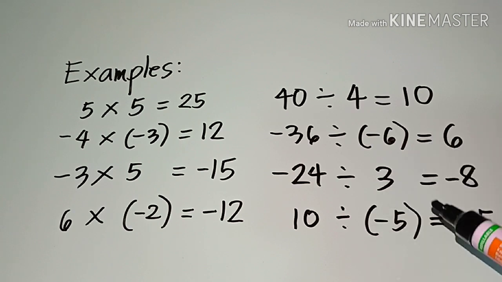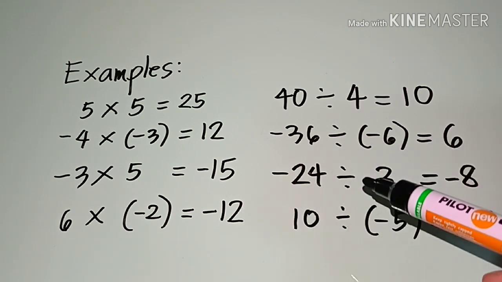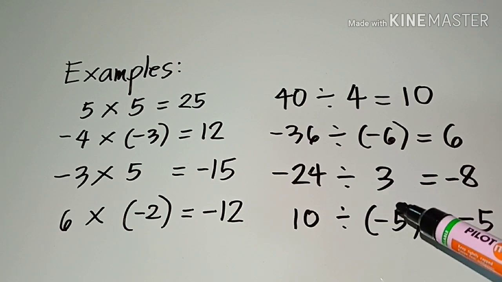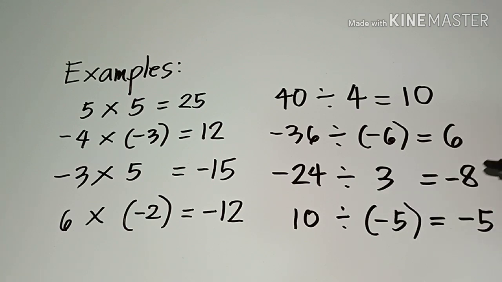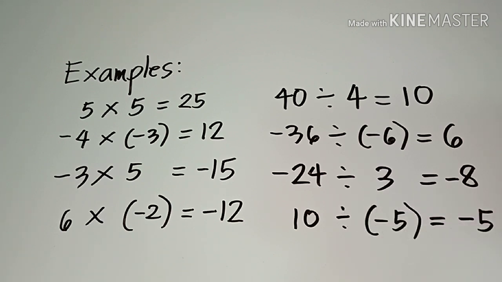So it applies for multiplication and division. All you have to remember is that if the signs are the same, it will give you a positive answer. If the signs are different, it will give you a negative answer. So this applies when you are multiplying and dividing two integers.